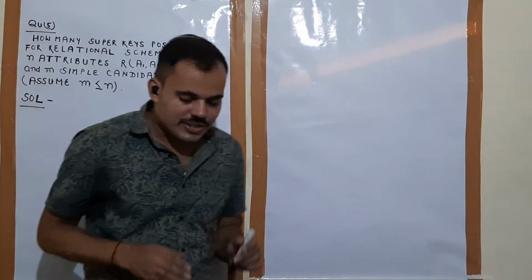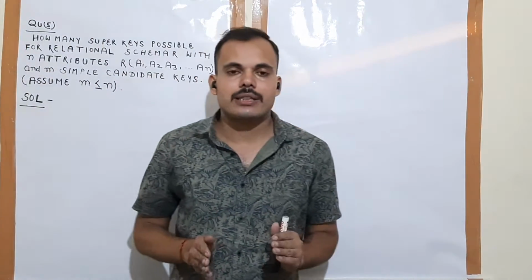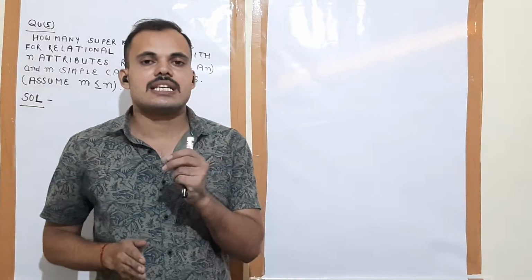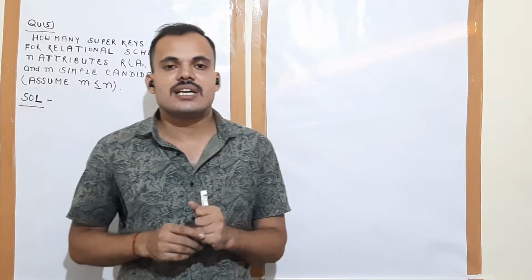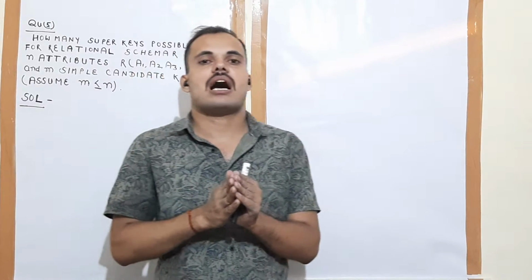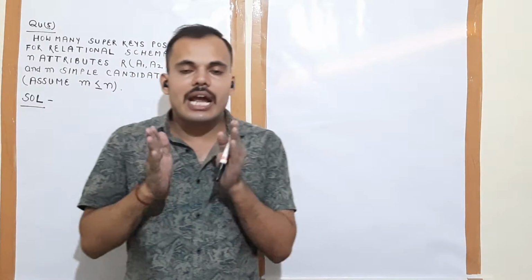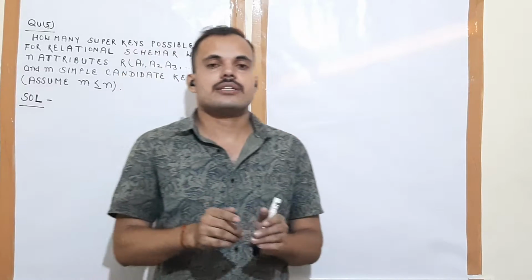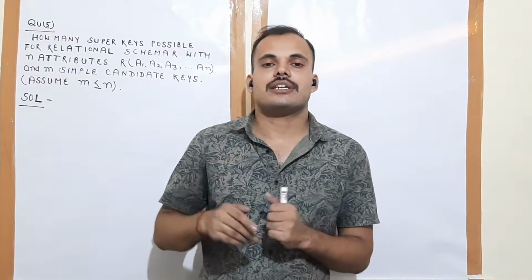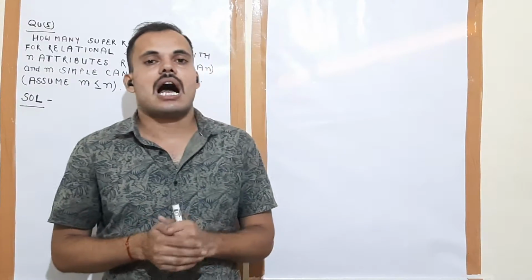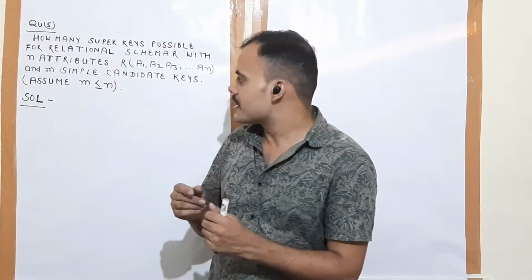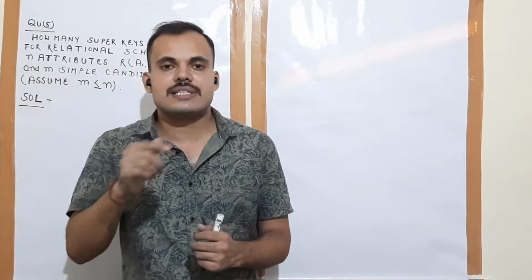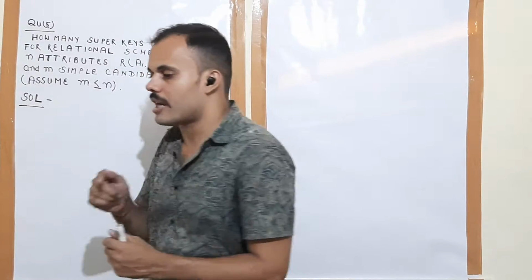Understood? In this question, it is given that in the relational schema R there are n attributes and m candidate keys, where m is less than or equal to n.